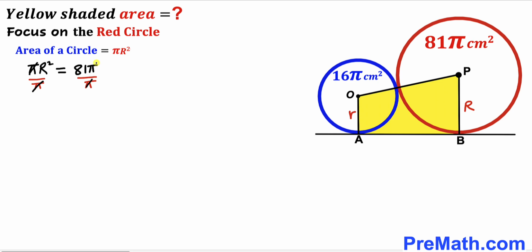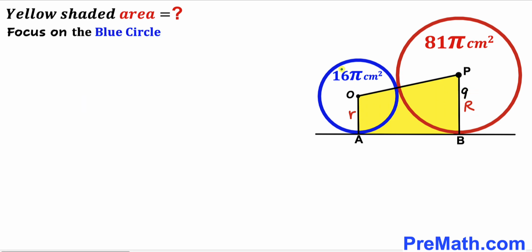Likewise, this π and π is gone as well. So we end up with R² equals 81. Now I'm going to undo this square by taking the square root on both sides. Therefore, our radius uppercase R turns out to be 9 centimeters.